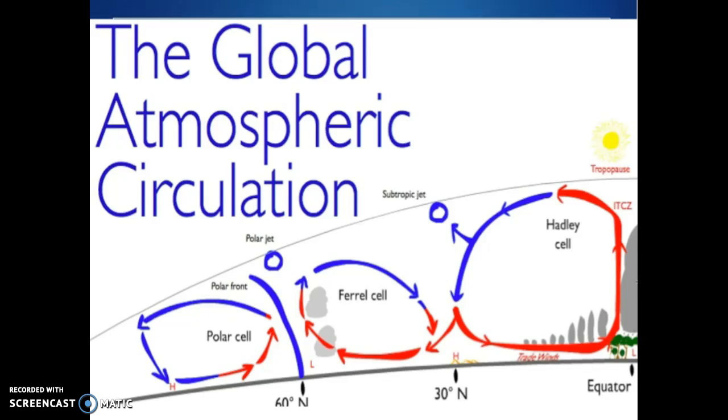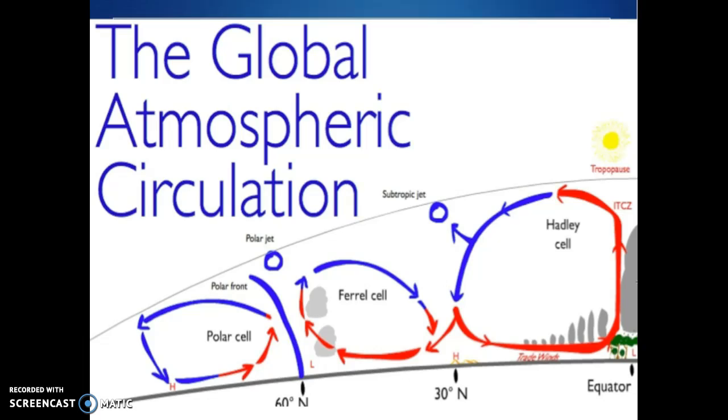The Ferrel cell is average motion of air in the mid-latitudes, characterized by sinking air and rising air farther poleward. At the surface, air flowing poleward is deflected to the east by the Coriolis force, resulting in westerly surface winds.